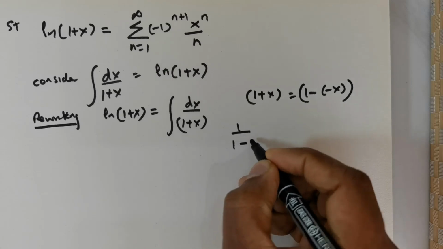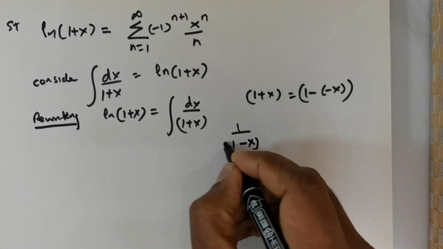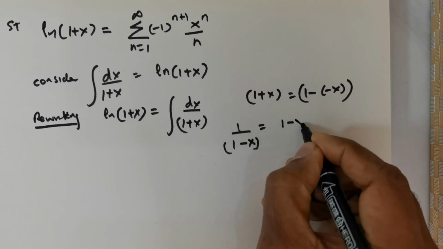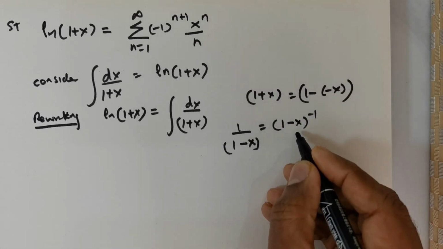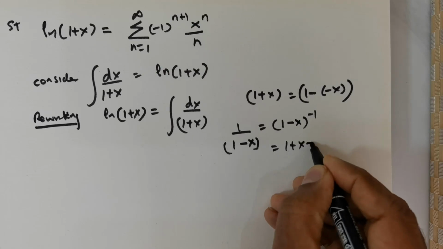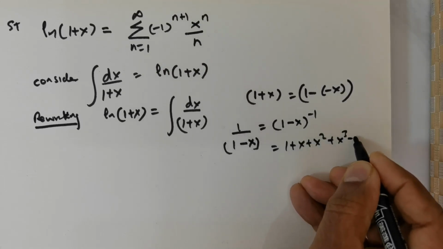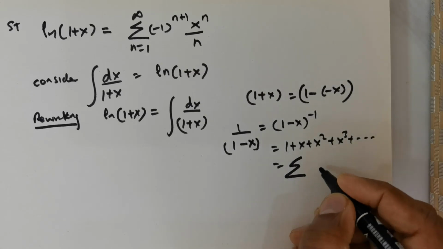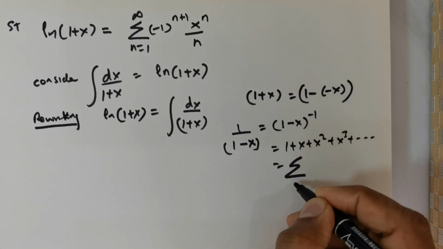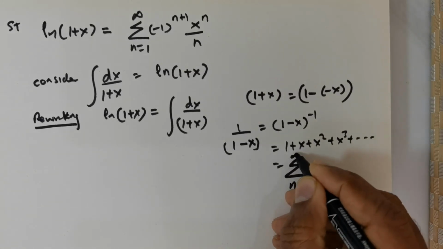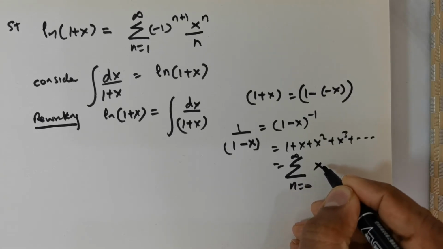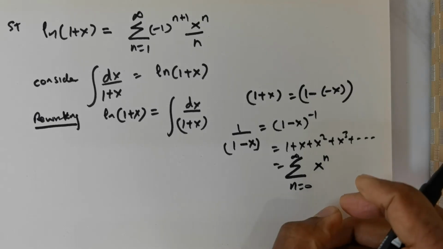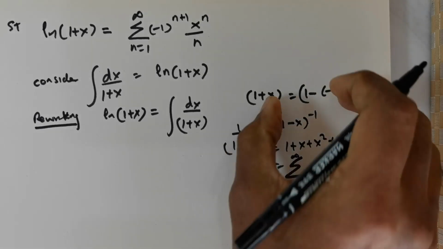If you have 1 over 1 - x, this can be rewritten as (1 - x)^(-1). If you expand this, it is going to be 1 + x + x^2 + x^3 + etc. If you write this as a summation, this is the sum from n = 0 to infinity of x^n. I'm going to utilize this over here.